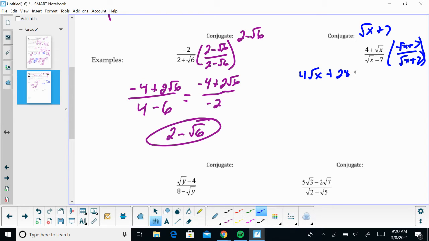Root x times root x would just be an x. And then root x times 7 would be 7 root x, over x times x is x. Root x times positive 7, -7 times root x, -7 times positive 7.